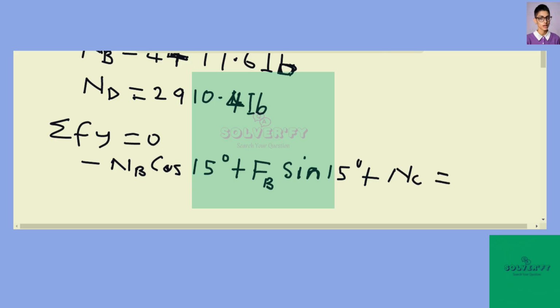When you solve this, we know the value of Nb already, so you plug it in from the previous step, and you are going to arrive at Nc equal to 3861.43 lb.